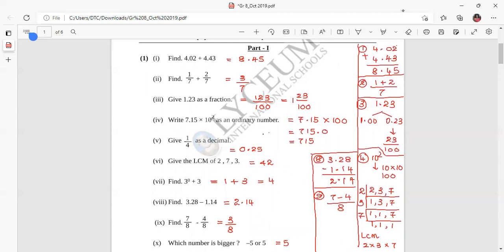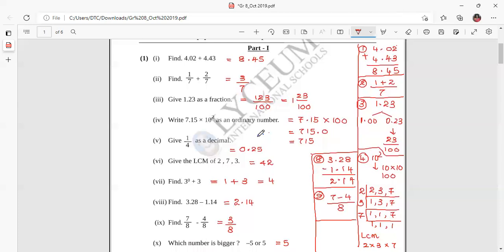Then you can nicely segregate the workings with the question numbers. So then it is clear that when the person who is marking your paper has a doubt, he or she, your teacher, can refer to the working column and see what has happened, what mistake you have made, right?